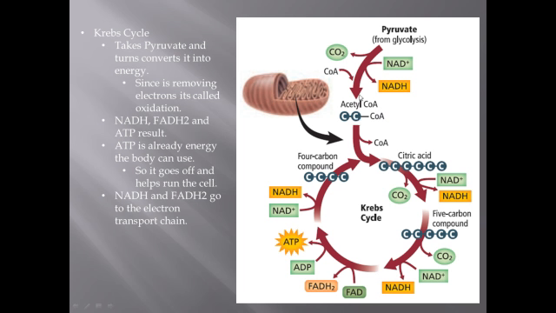Now, what happens next is this molecule here binds to a 4-carbon molecule that comes from an earlier part in the Krebs cycle. So that creates a 6-carbon molecule called citric acid. Now what then happens is that the carbons are basically being pulled off piece by piece. So you have a carbon pulled off on this step right here, so you have 6 carbons, now you have a 5-carbon compound.